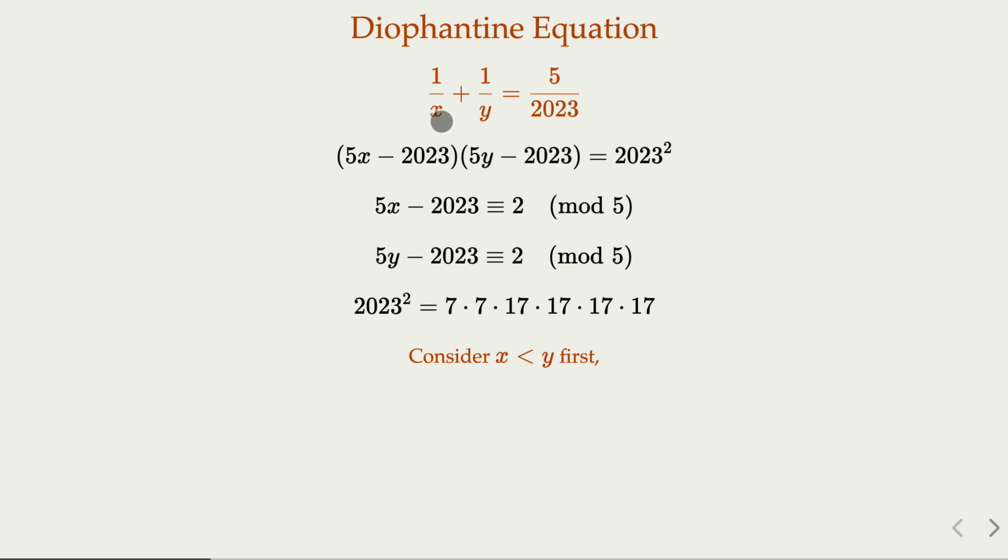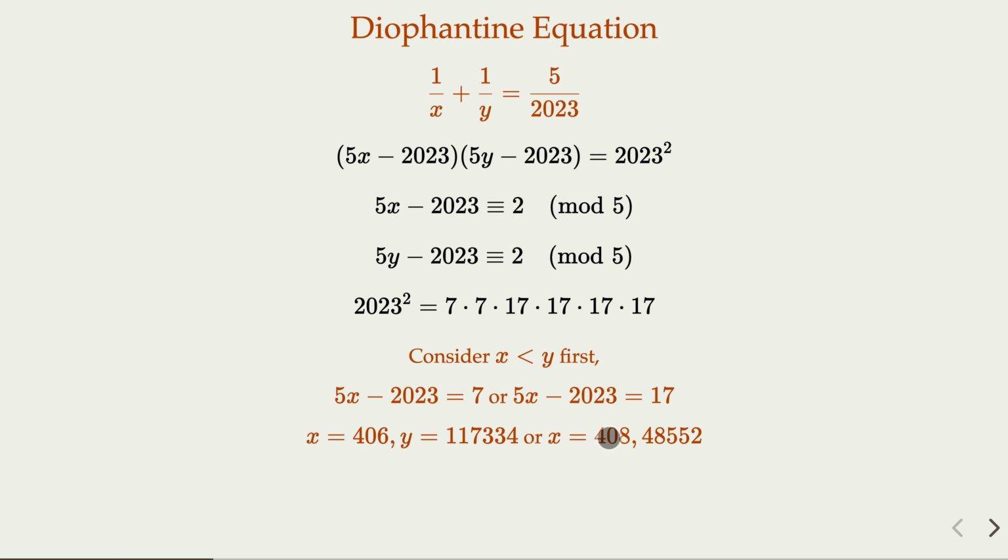So let's consider x is smaller because this is symmetrical here. Assume x is smaller. So in this case, we can choose either a single number 7 or 17 for the first term, right? The first term is the smaller term. This term is the bigger term. Let's assume that. So that gives us two solutions, right? If x in the first case, that's 406.